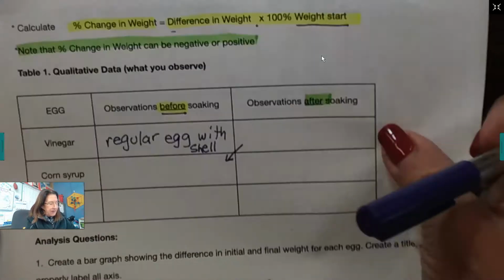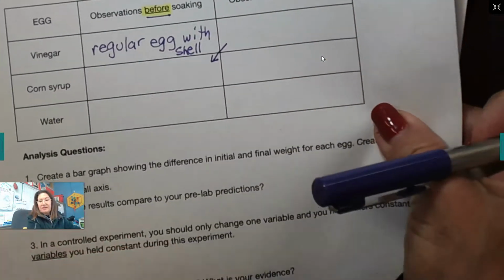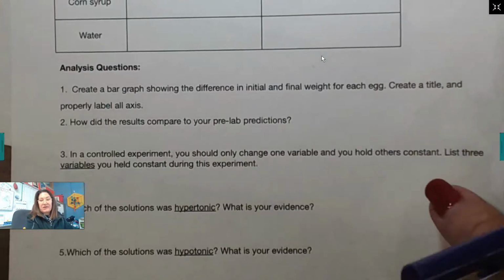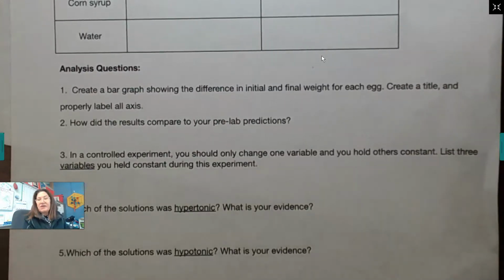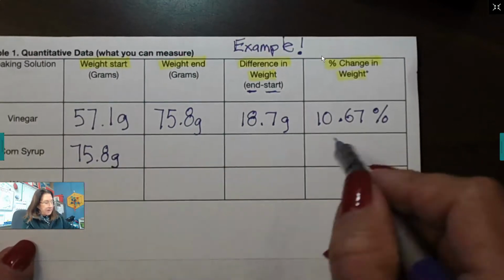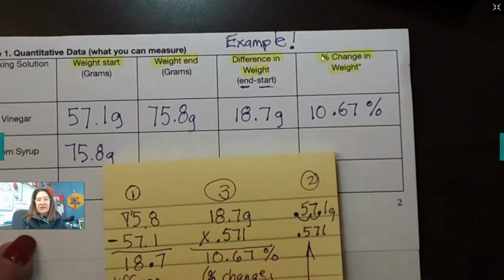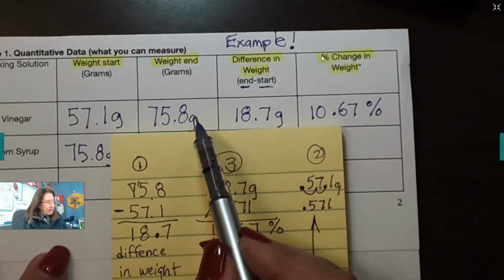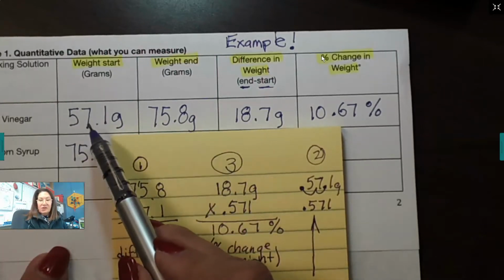And obviously, then you're going to be doing these post-lab questions here. Alrighty, so I hope that does it for you. So you will continue on your own by doing this calculation. So once again, the first step is the difference in the end weight from the start weight.